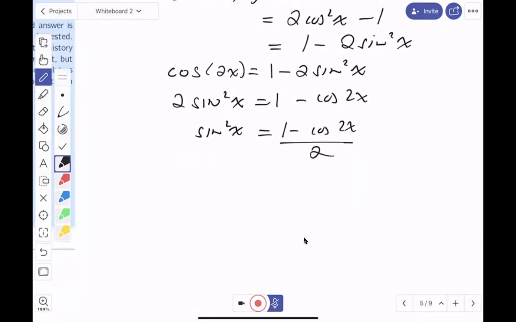Well, I think I have it. So I'm going to say the sine squared of theta over 2 is going to be equal to 1 minus cosine theta over 2. All right. So I just said x was theta over 2, and 2 times theta over 2 is just theta.